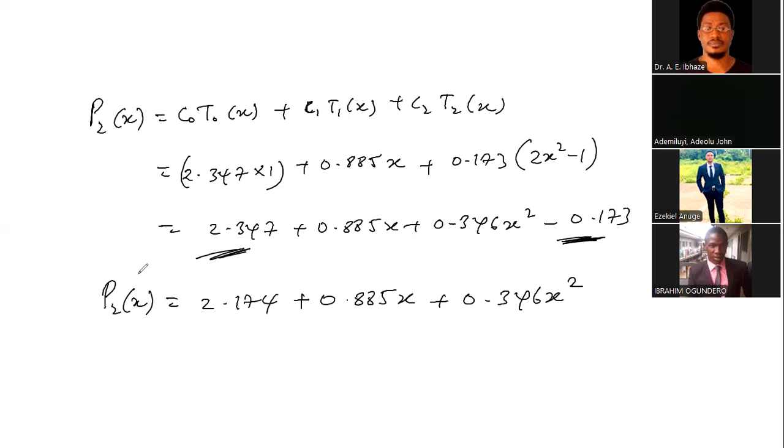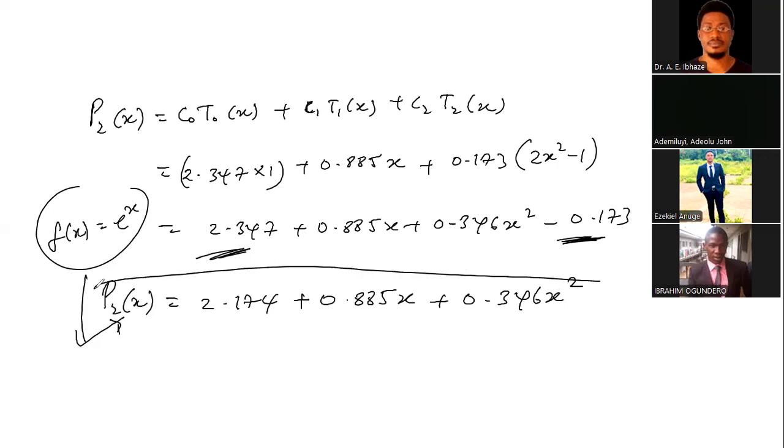So the Chebyshev polynomial that approximates f of x, being the same as e to the epsilon x, is the same as this, okay? So it means that this Chebyshev polynomial is approximately the same as this function.